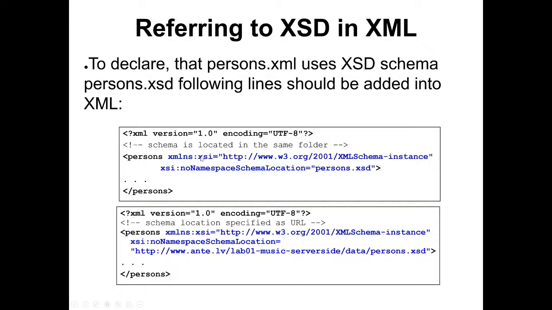In this case, that's the XML file, and we add the namespace schema location. For persons, if it's in the same folder or the same file system, we can provide the direct path to the file.